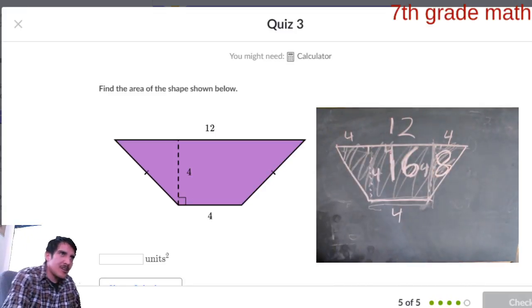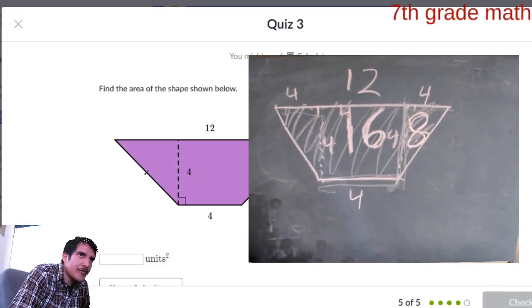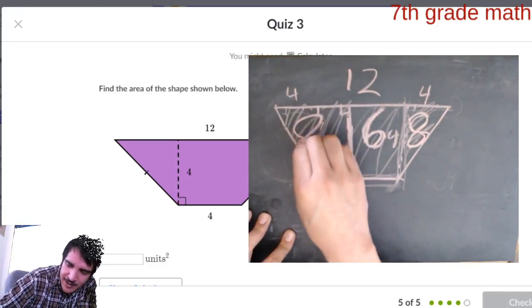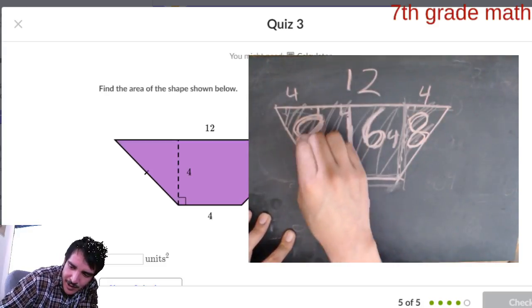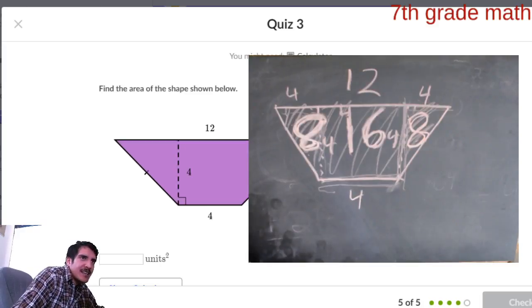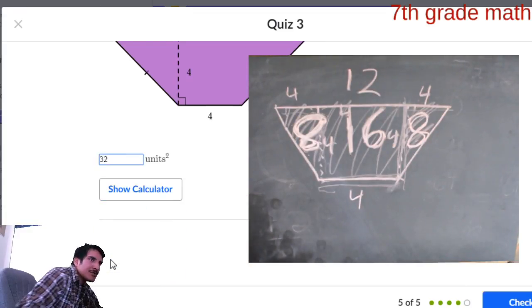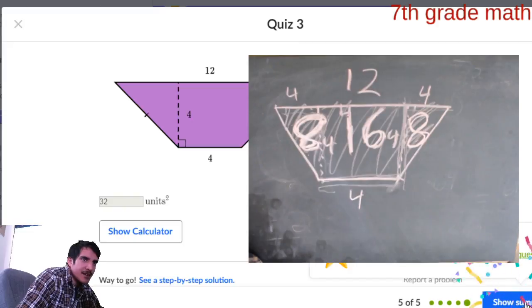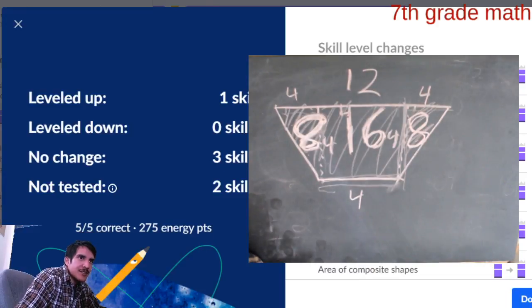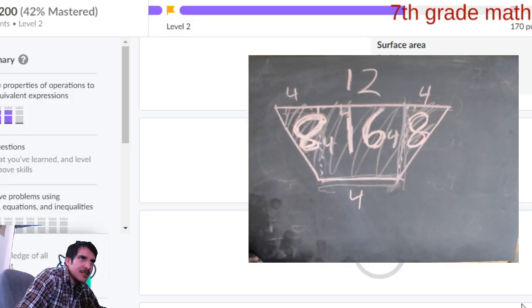So this one is also 16, cut in half is 8 square units. So I have 3 areas. 8 plus 8 is 16. And 16 plus 16 is 32, if I know how to add. 32 square units. Check it. And those are the answers to the quiz.